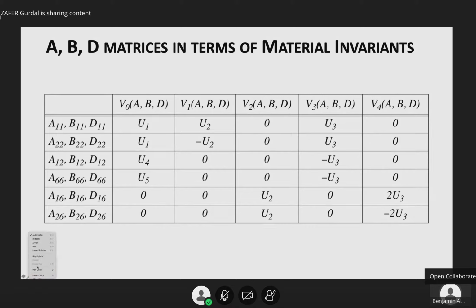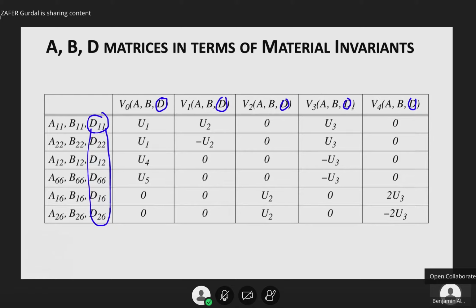So let me grab a pen, make that blue, there it is. So we're going to be interested in D11 through D66 terms, and those will be V0D, V1D, V2D, and V3D, and V4D, and they're given as U1 V0D plus U2 V1D, nothing here, U3 V0 V3D.